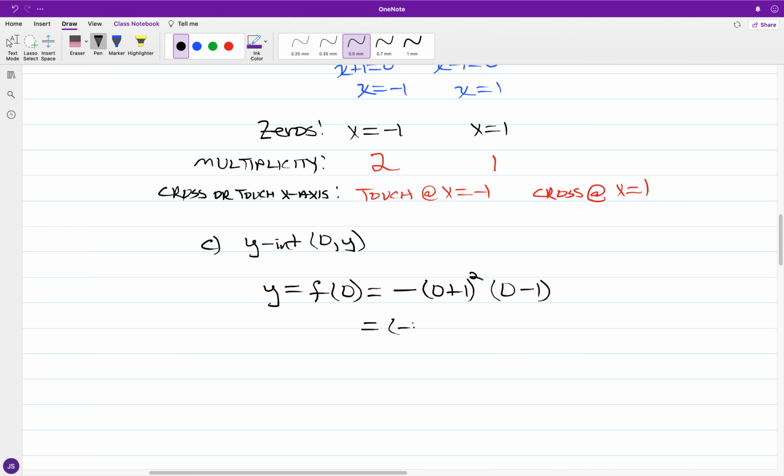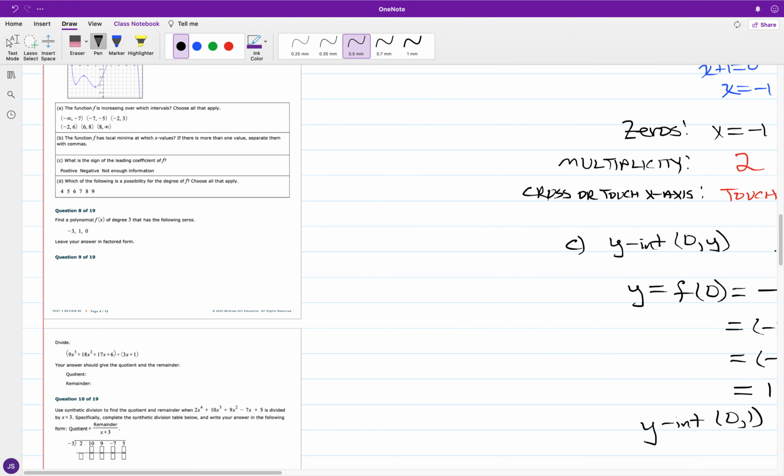This will be negative 1 times, 0 plus 1 is 1, and that will be squared. 0 minus 1 is negative 1. So negative 1 times 1 is negative 1, and then times another negative 1, and this will come out to positive 1. So for the y-intercept, we have the ordered pair at 0, 1.